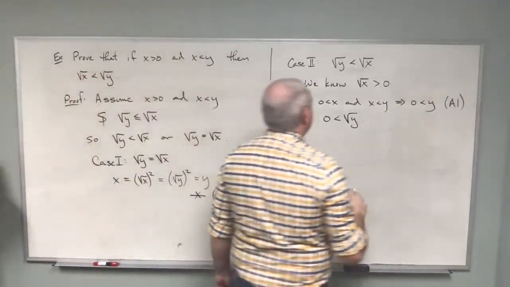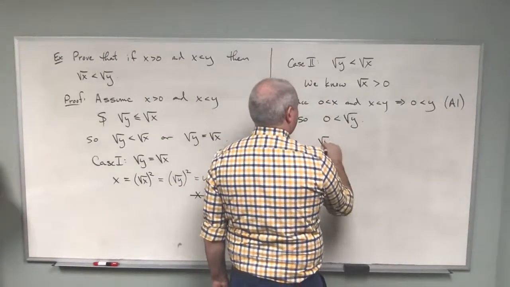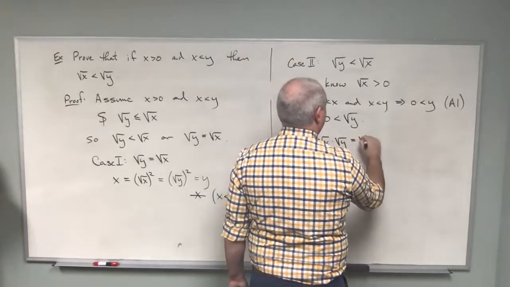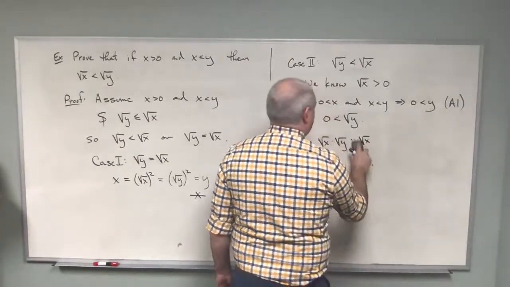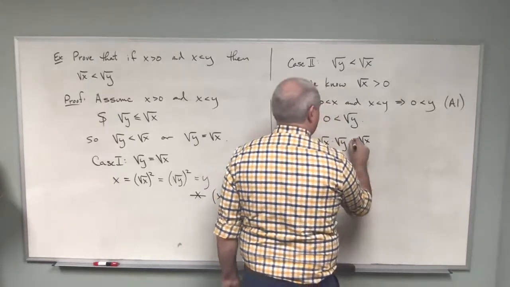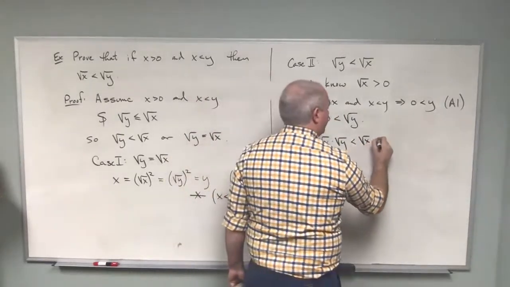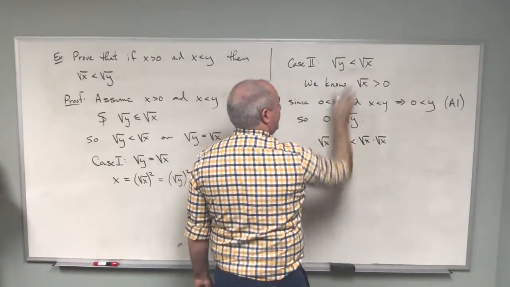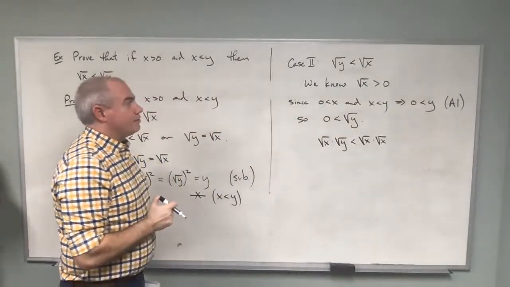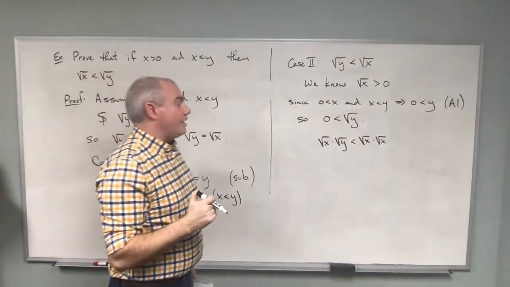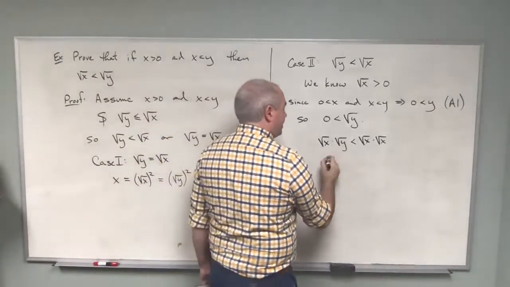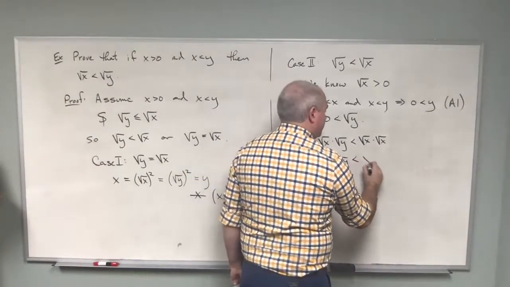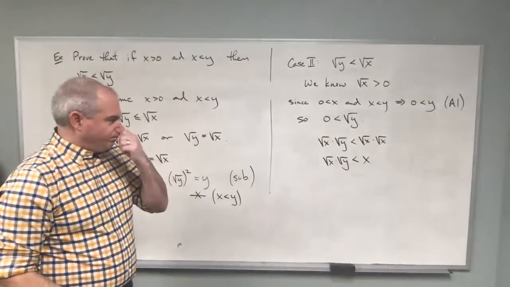Okay, if I do, I get that the square root of x times the square root of y is less than the square root of x times the square root of x. So I just multiplied this inequality on both sides by the square root of x. By the way, this says that the square root of x times the square root of y is less than x.